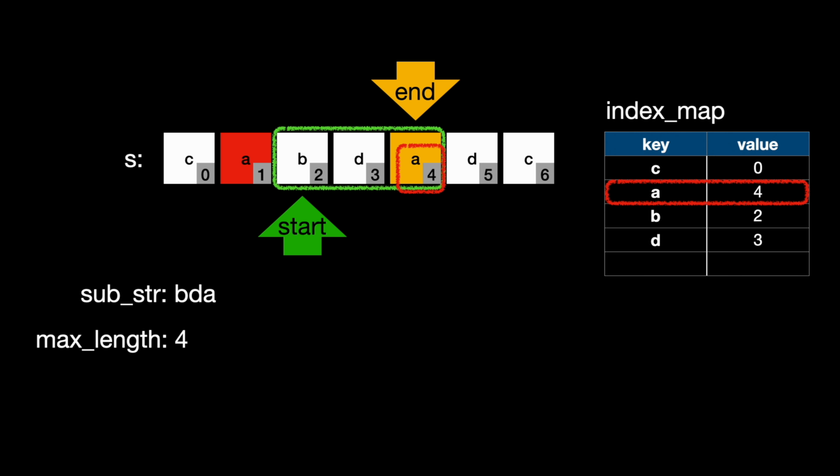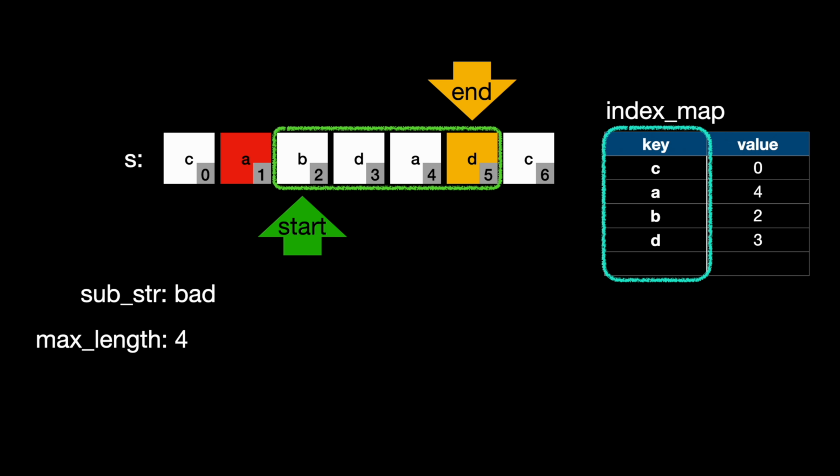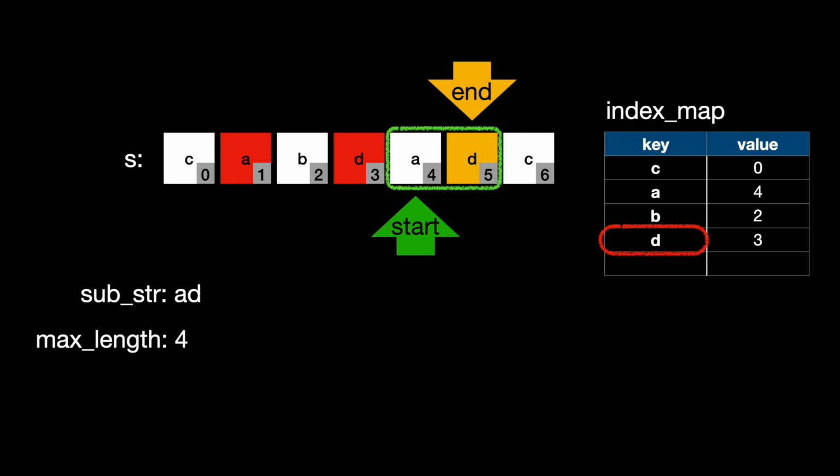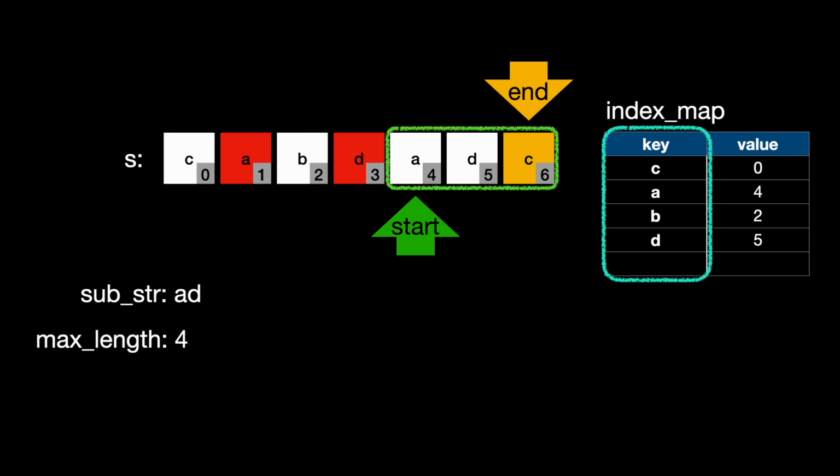We continue. End moves again, now pointing to D. That's also already in our hash map, and it falls within our current window. So again, we move start to 1 index after the last D, effectively cutting off the duplicate. Then we update D in the hash map with its new index. Next up is C. Now, here's something interesting.